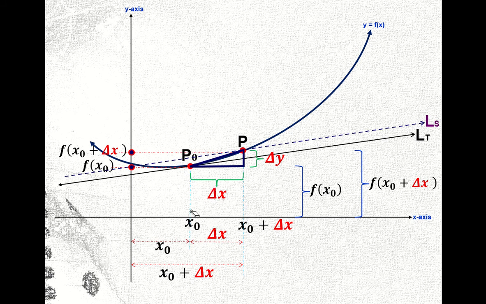So we now have the ratio of rise over run, because we know from analytic geometry that the slope is defined as rise over run. Alright, so let us watch this video, class.